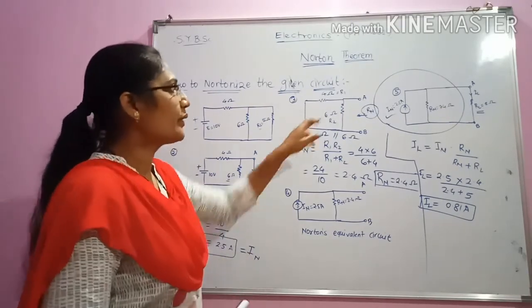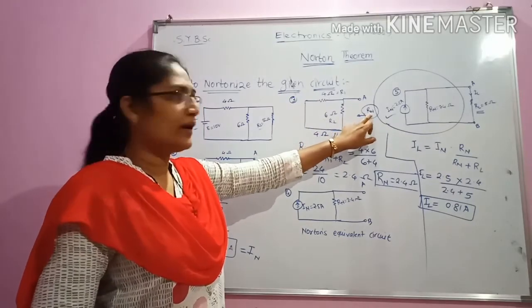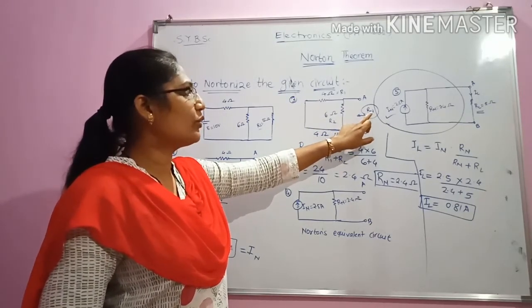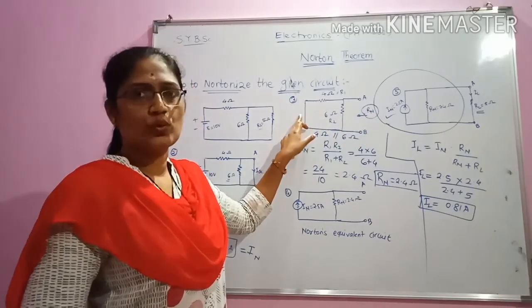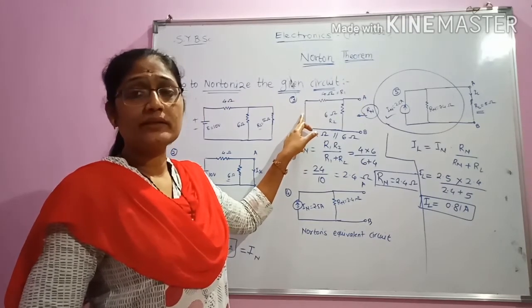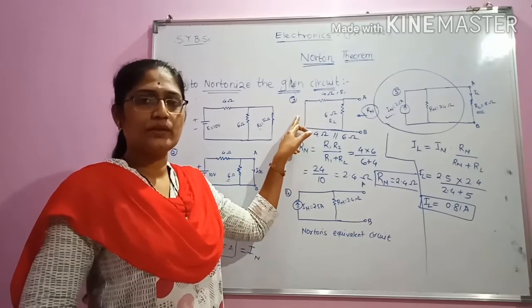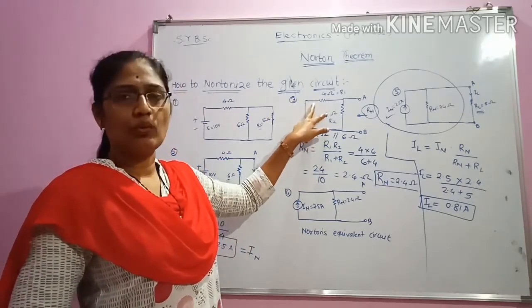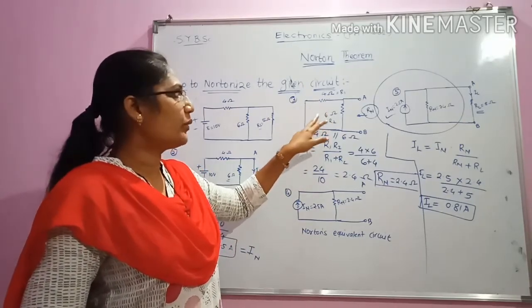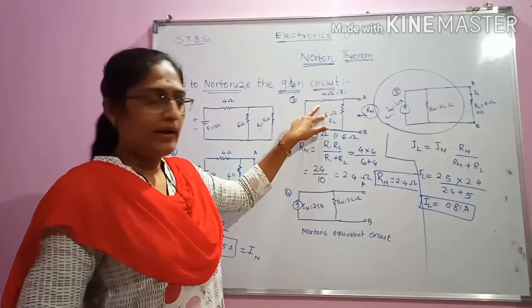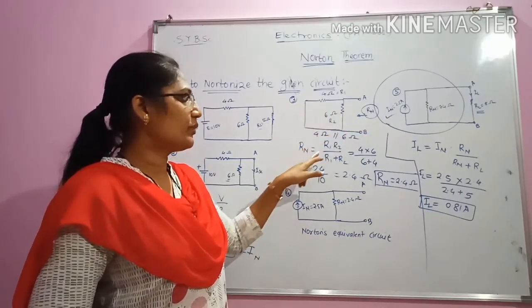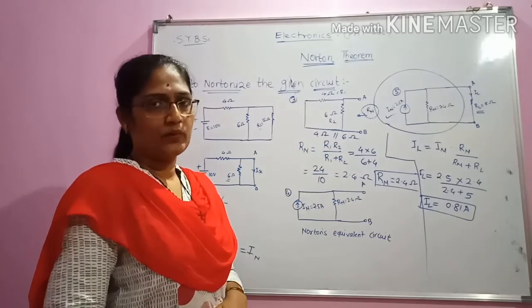Now we have to find out the value of Rn. In order to find the value of Rn, we have to remove the source and replace it by its internal resistance. As the internal resistance value is 0, we will have only these two components in the circuit. Now they are parallel to each other, and hence Rn value is nothing but R1 R2 divided by R1 plus R2.